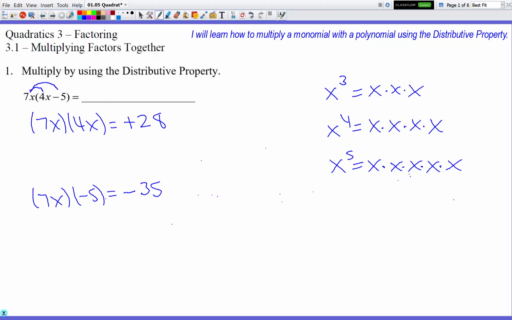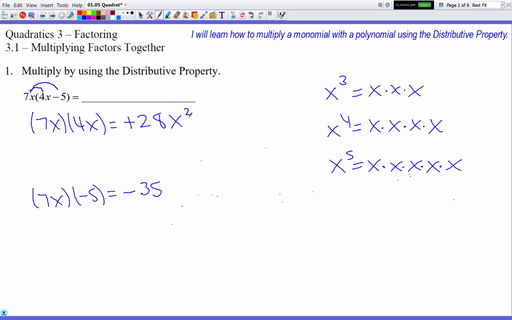So if I look at the last part of this positive 28 answer, I have an x in the first parentheses multiplied by an x in the second parentheses. So I have two x's multiplying each other. I know my letter is going to be x because that's the only letter I'm multiplying. And I know 2 is going to be my power because I have two x's multiplied together.